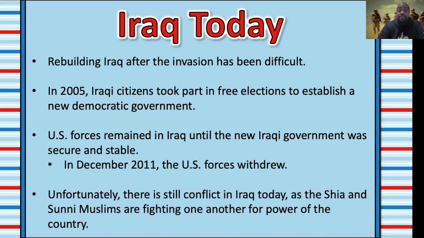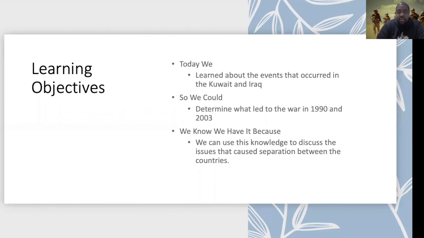So today we talked about the events that occurred in Kuwait and Iraq, which was the Persian Gulf War and Operation Iraqi Freedom. So we could determine what led to the wars in 1990 and 2003. We can use this knowledge to discuss the issues that cause separation between the countries.